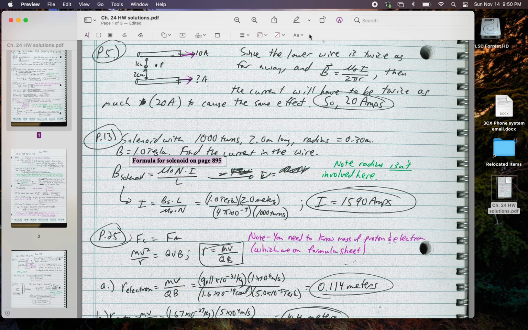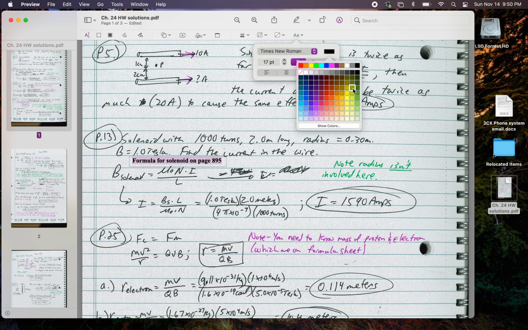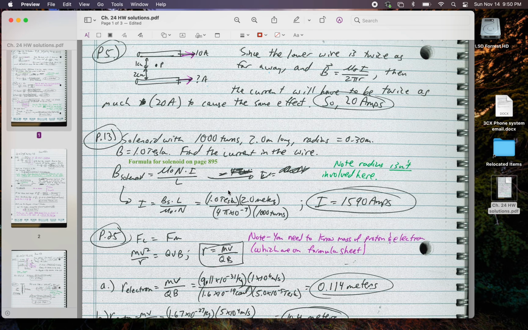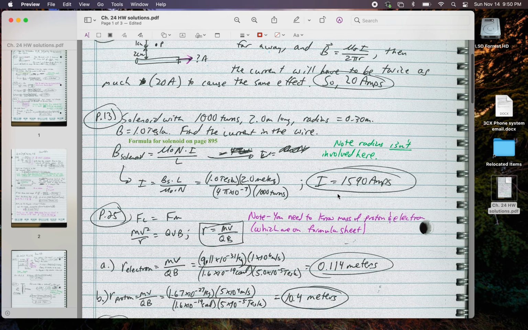And that lets us, if there's certain turns per meter, the current going through it, multiplied by that vacuum permeability, that helps you figure out the current. That's a lot of current, by the way.